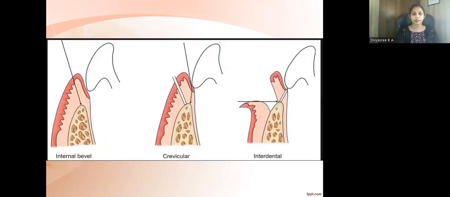In this, the first one, what you can see is an internal bevel incision. This incision is placed with a number 15 blade, usually directed at the crest of bone from 0.5 to 1 mm from the gingival margin.